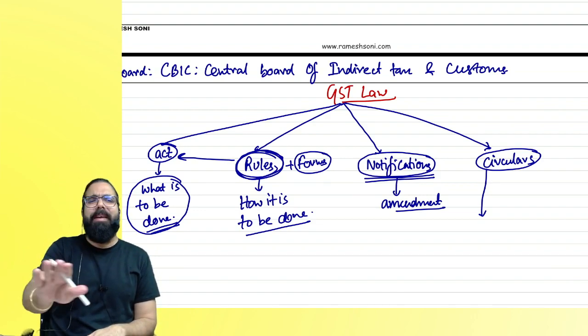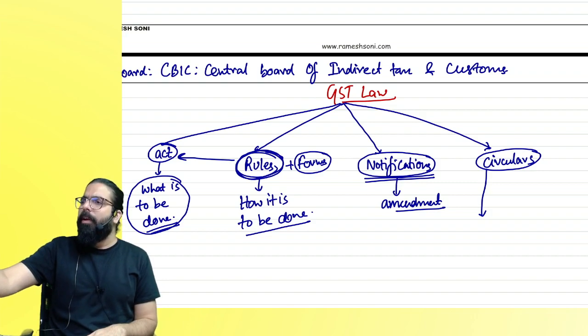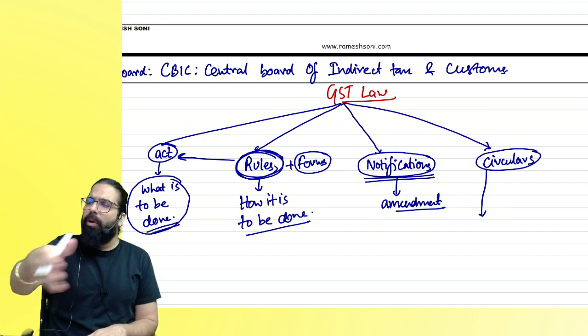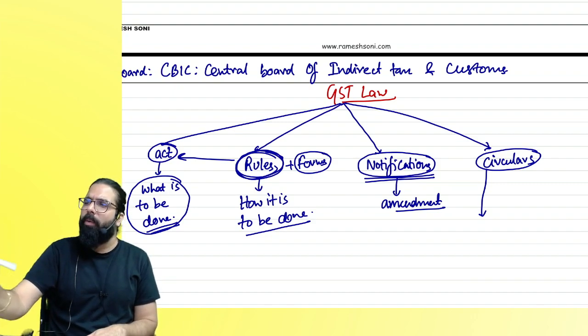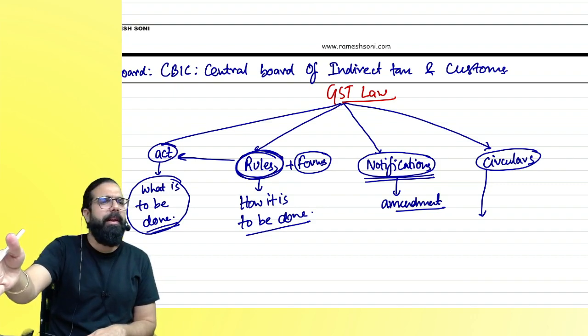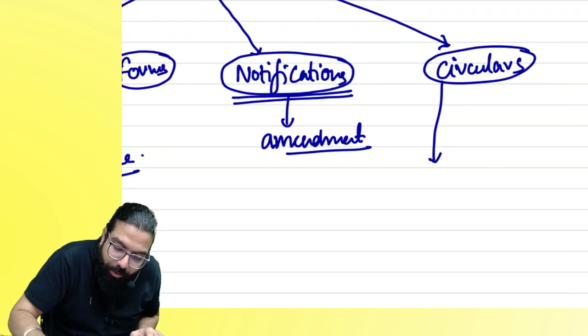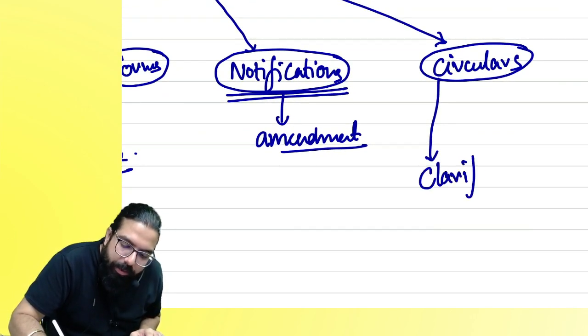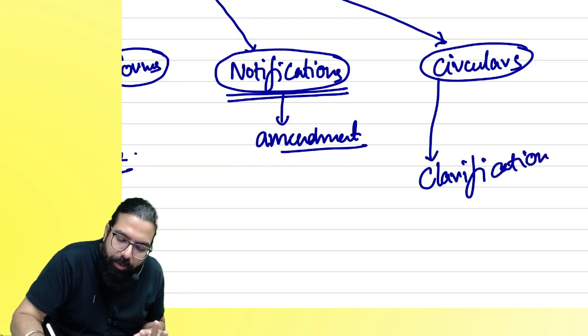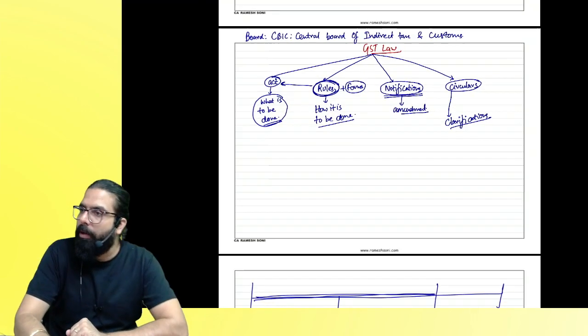Don't say 12, 5. You all are my kids only. All of you should behave in one way, one manner. Why is one telling 5, one telling 12? Correct or not? So the government issues clarification. Those clarifications are known as circulars. Can I go ahead, everyone?